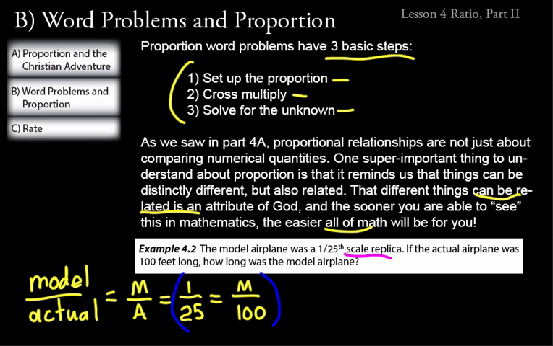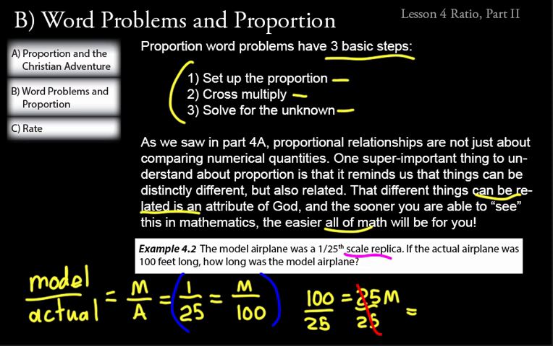So we'd say 1 times 100 is 100, and then 25 times m is just 25m. Now we can divide both sides by 25, and so that cancels there. And you can probably just do that mentally. You know how to do that, and that's how we did 4.1c.